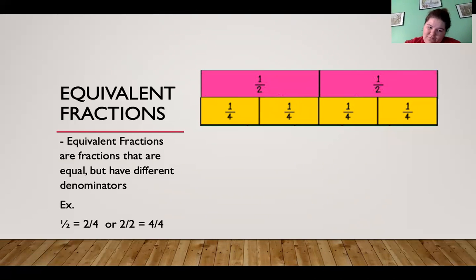So 1/2 is equal or is equivalent to 2/4. Same thing if you took all of this. So if you said 2/2, right, which we said is one whole, would equal 4/4, which we also said is one whole.